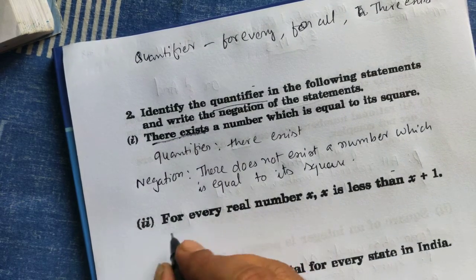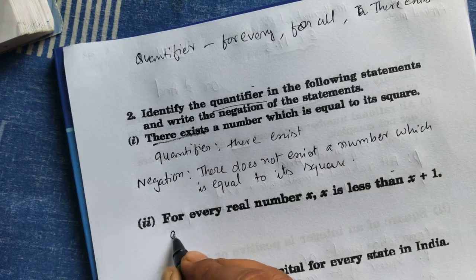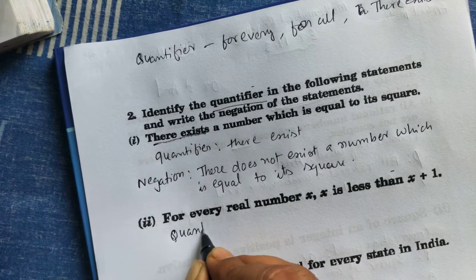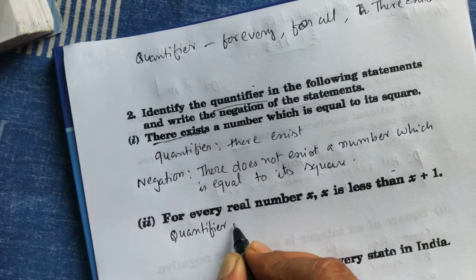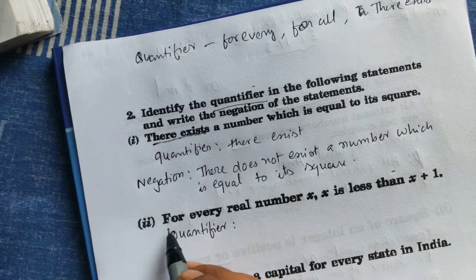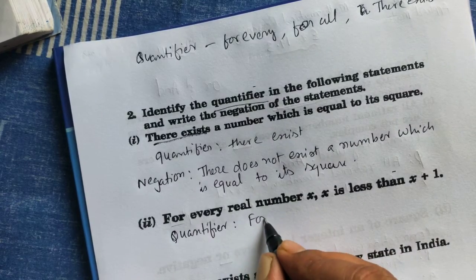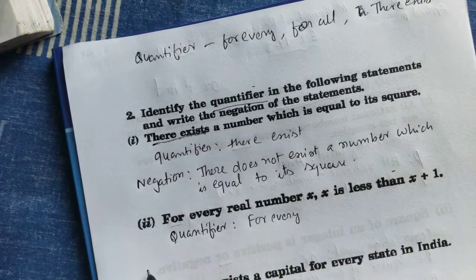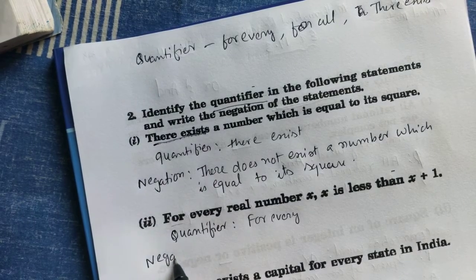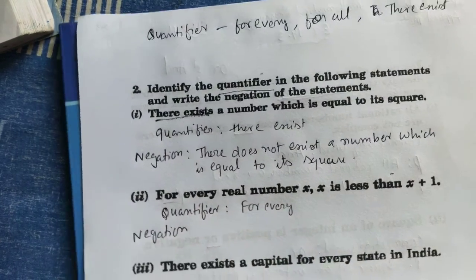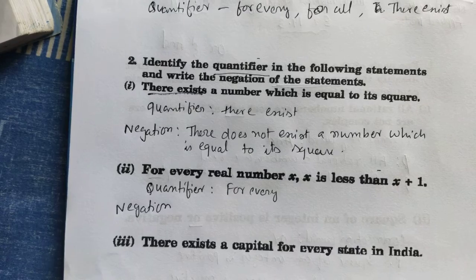Let us check the quantifier in the second question. Here the quantifier is for every. Let us write the negation of the statement. What is the negation here?